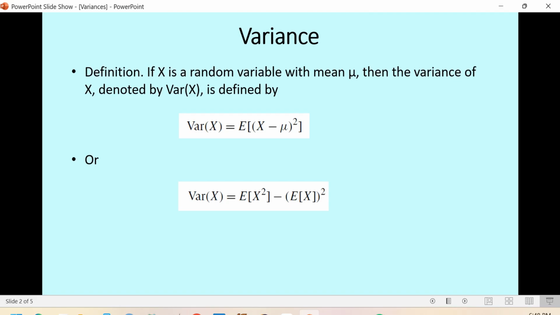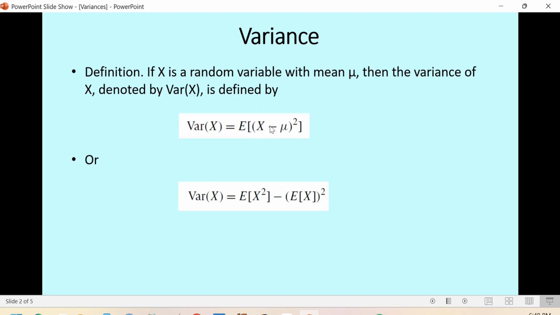The definition of the variance of, for example, random variable X is equal to the expectation of (X minus mu) squared. This means variance is the expectation, or the mean value, of the squared deviation of the random variable around its mean value. We consider all possible values of this random variable.